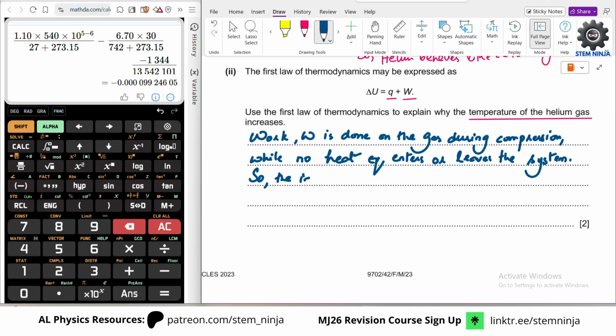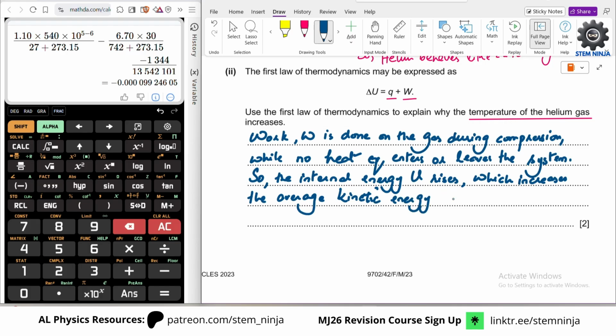So the internal energy U rises, which increases the average kinetic energy of particles, and therefore the temperature of the gas.